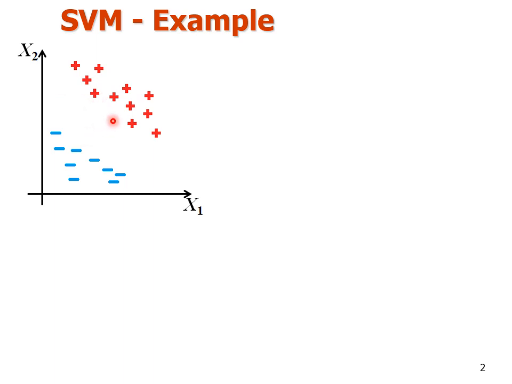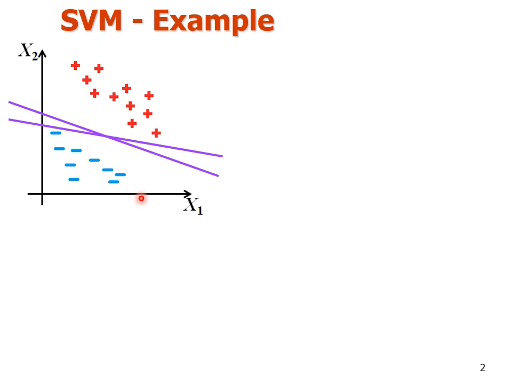As we have seen earlier, this data set is linearly separable, and if we want to classify these samples into two target classes, positive and negative, it is possible to have the linear hyperplane that can segregate the data.